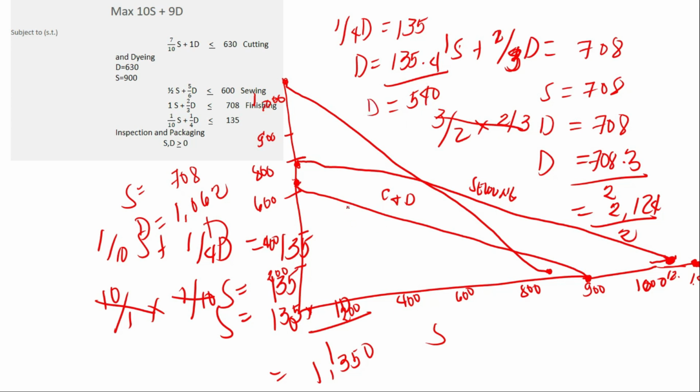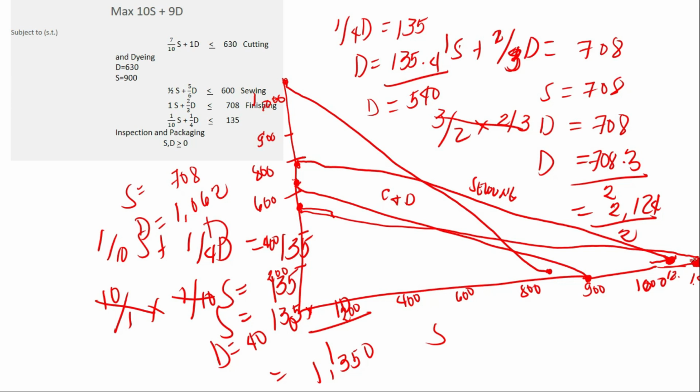So the value of D now is equal to 540. Okay, so let's try to graph it. 540, where are you? Okay, below 600. Let's connect the two lines, 540 for the deluxe and 1,350 for the standard.